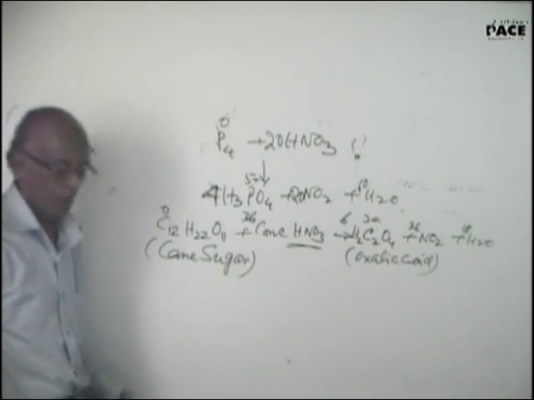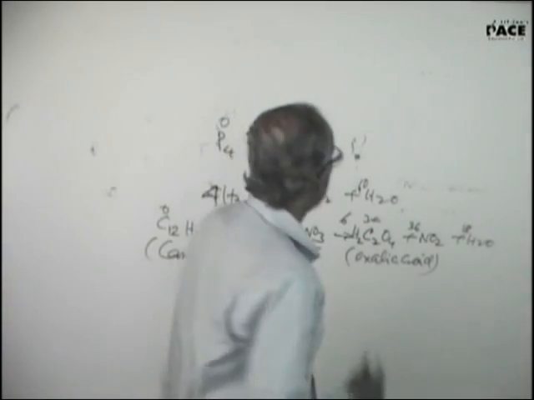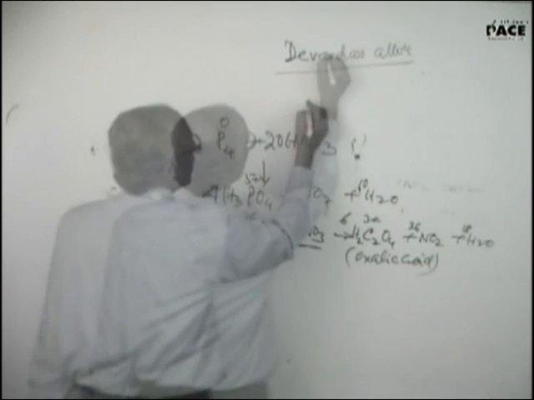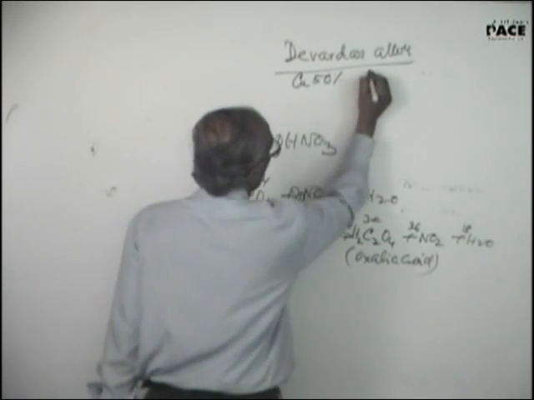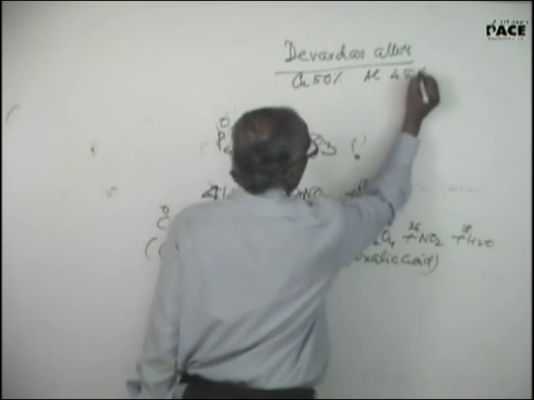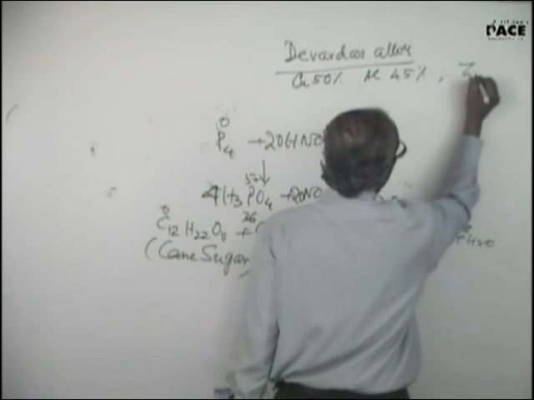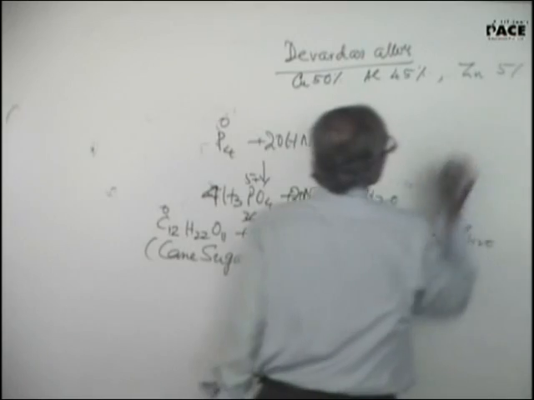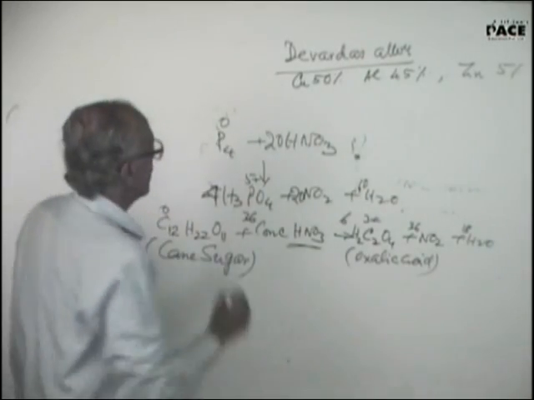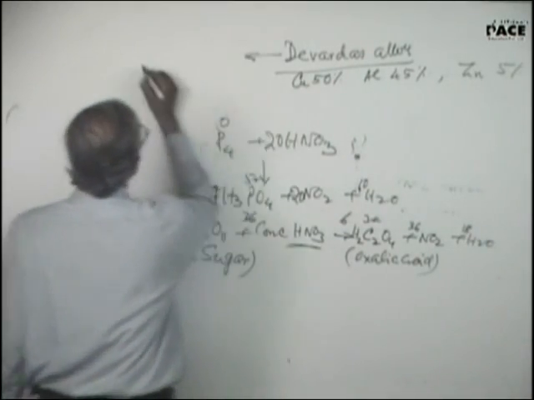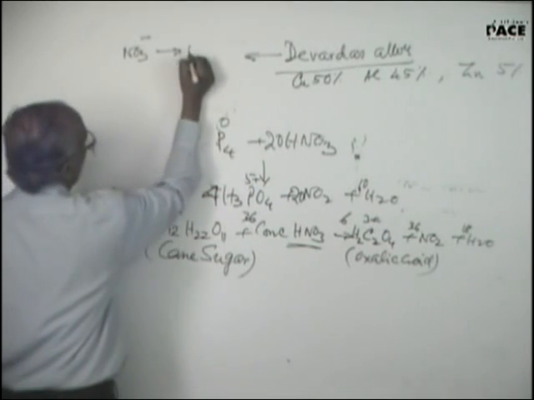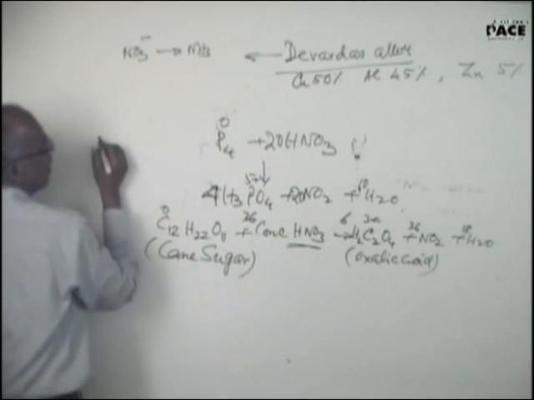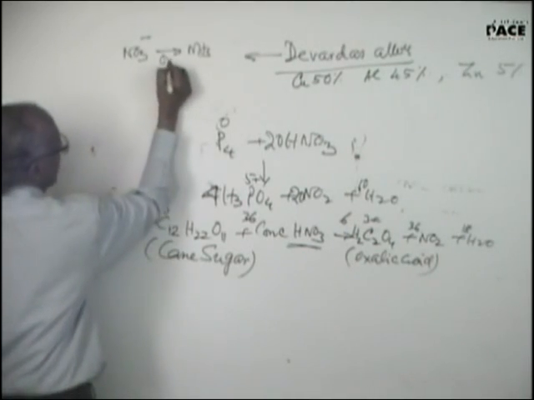Now, Devarda's alloy is copper 50%, aluminium 45%, and zinc 5%. This alloy converts nitrate to ammonia in which medium?